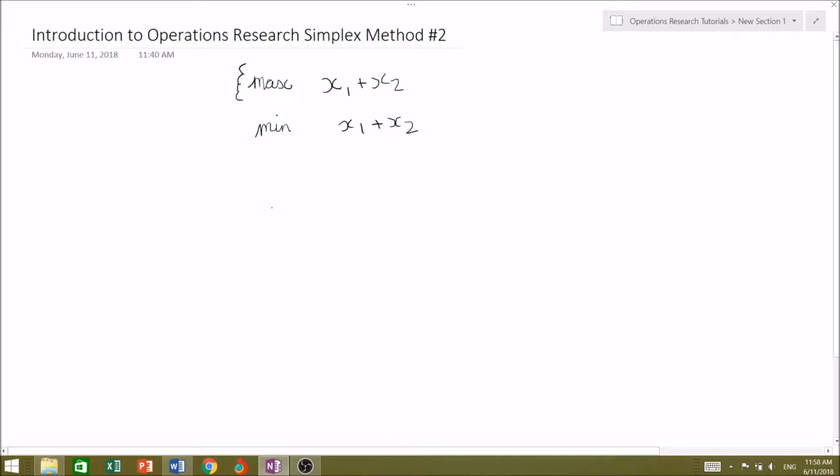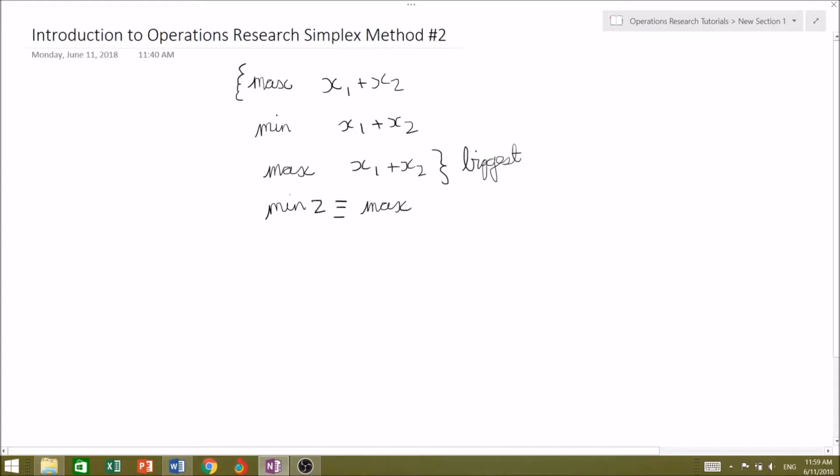Now, don't be alarmed when you encounter this, because if I told you to maximize some function x1 plus x2, I'm asking you to get the biggest value of the sum of x1 and x2. So if I ask you to minimize this, that is equivalent to maximizing.